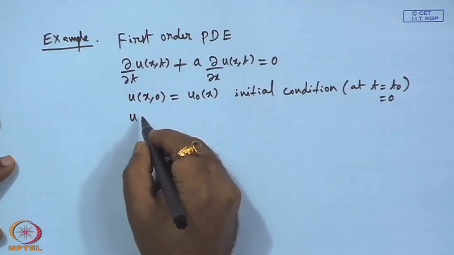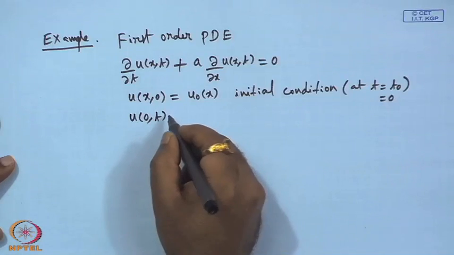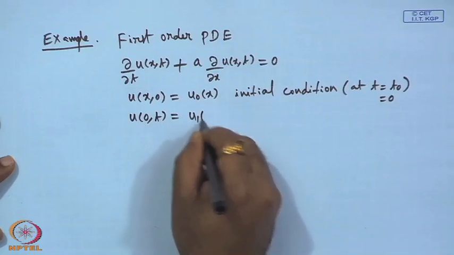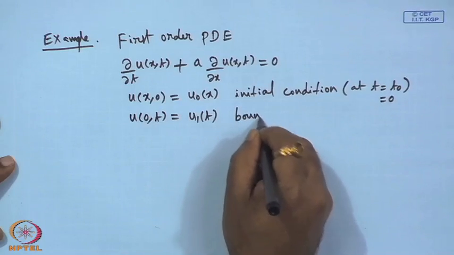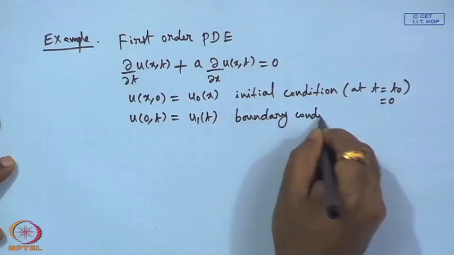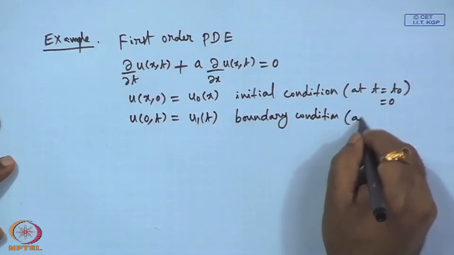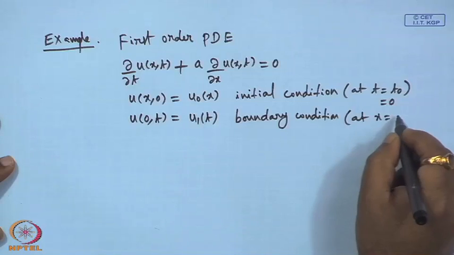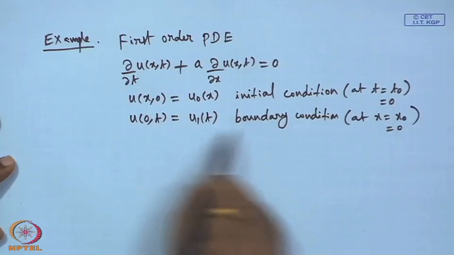So, we need to supply only one boundary condition, say u of t. So, this is the boundary condition at x equals some x naught, in this case taken as 0.